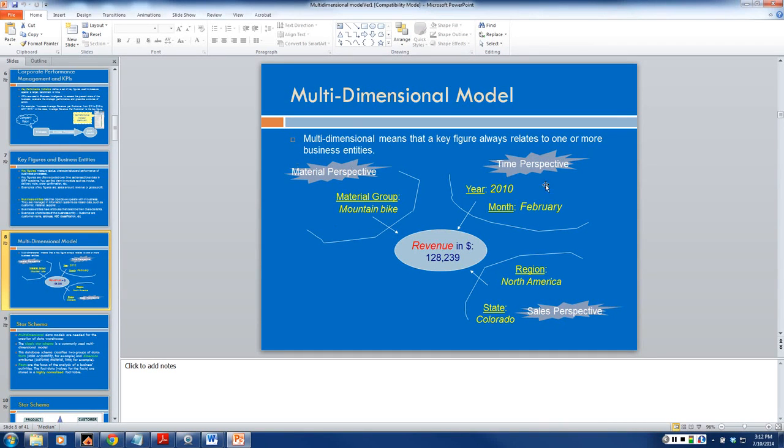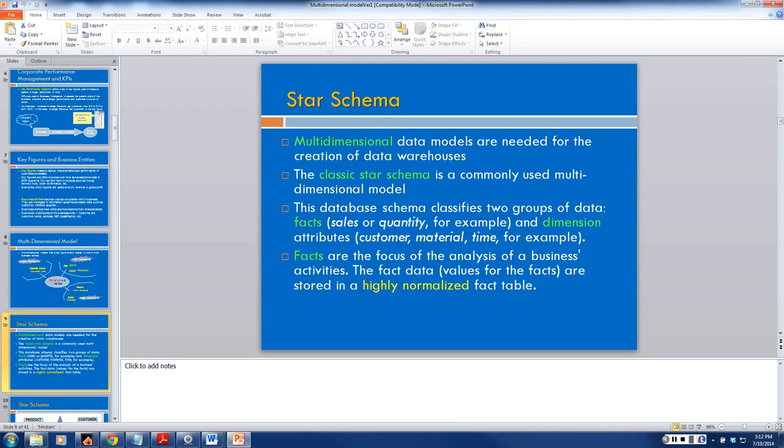We can use one at a time. You can use multiple dimensions at a time. If you want to do that, the way we do that is we introduce the concept of facts and we introduce the concept of star schema. So facts are the focus of analysis of business activity. They are values, and so the database schema, or star schema, is divided into two parts.